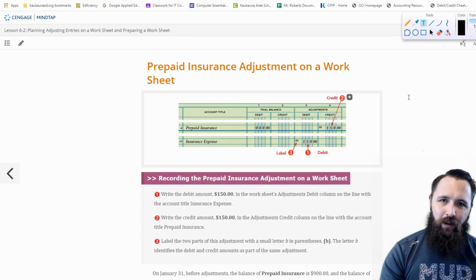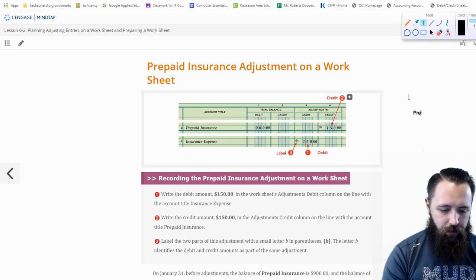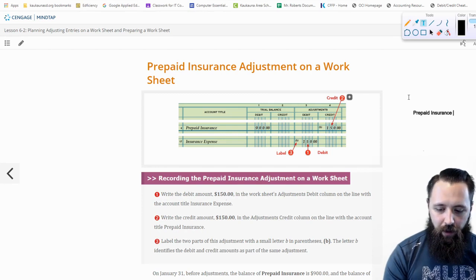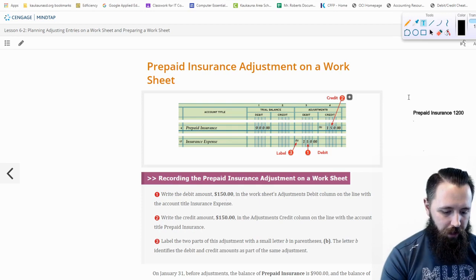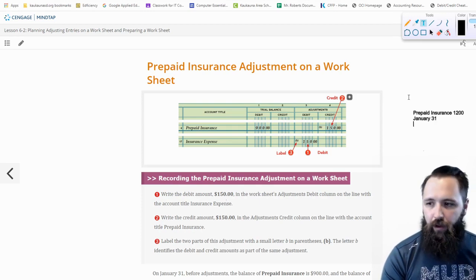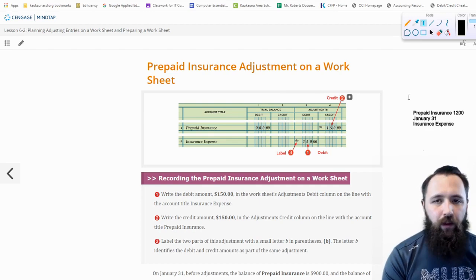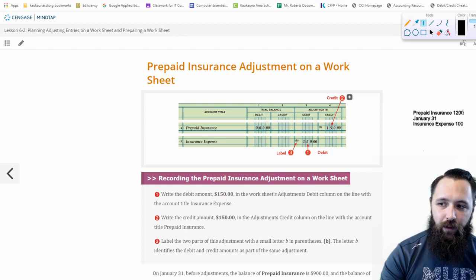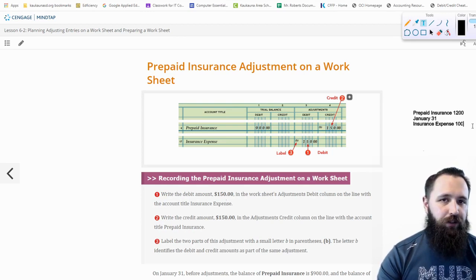You're not going to have to do this a whole lot, but let's say prepaid insurance, we bought a year's supply and it was $1,200, and it's January 31st. So what's going to be our insurance expense after 1 month? Well, it's going to be $100. We can tell that because if we bought a year's worth of prepaid insurance, it's going to cost us $100 every single month.